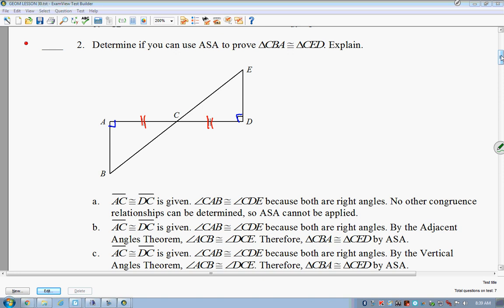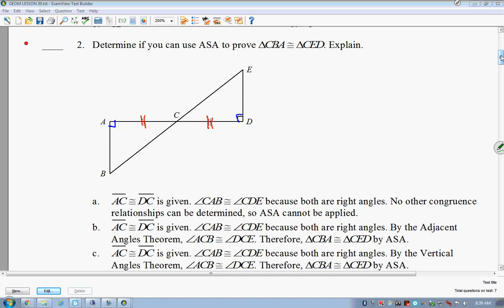If it's going to be angle side angle, what angle does it have to be? No, we've already used A and D. What angle does it have to be? We have to go in order. C. But we can't say angle C because C is a vertex of like 4 angles, right? 1, 2, 3, and 4, right? So saying angle C means absolutely nothing at this point. Okay, so we have to be more specific.